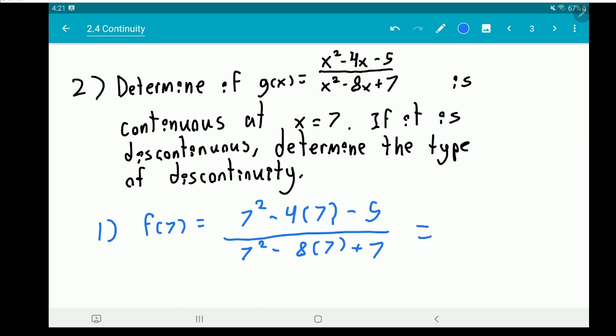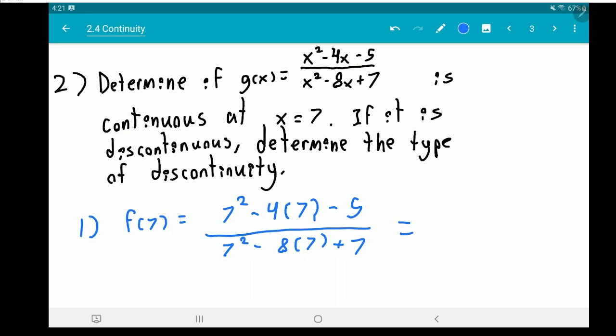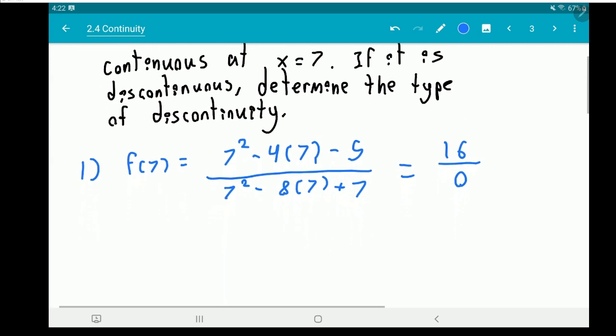On top, that's 49 minus 28 is 21, minus 5 is 16. On the bottom, I get 7 squared is 49, minus 8 times 7 is minus 56, so that's a minus 7 in total. Plus 7 is 0. So I have 16 over 0, which means I can say two things because of that.